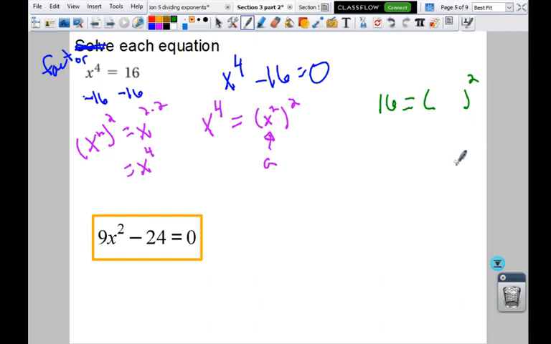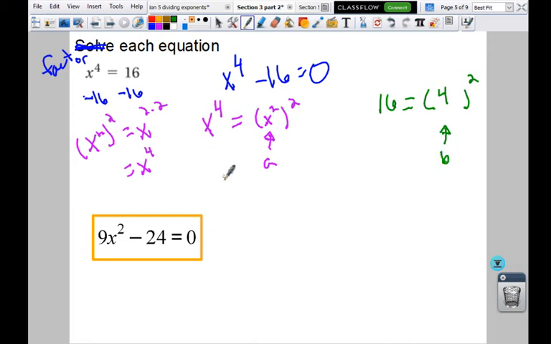The square root of 16 is 4. James, you're overthinking it. You were right, he was thinking back to what we did before, but the square root of 16 is actually a nice number. It's 4. So we're going to rewrite 16 as 4 squared, which means my b is going to be 4.